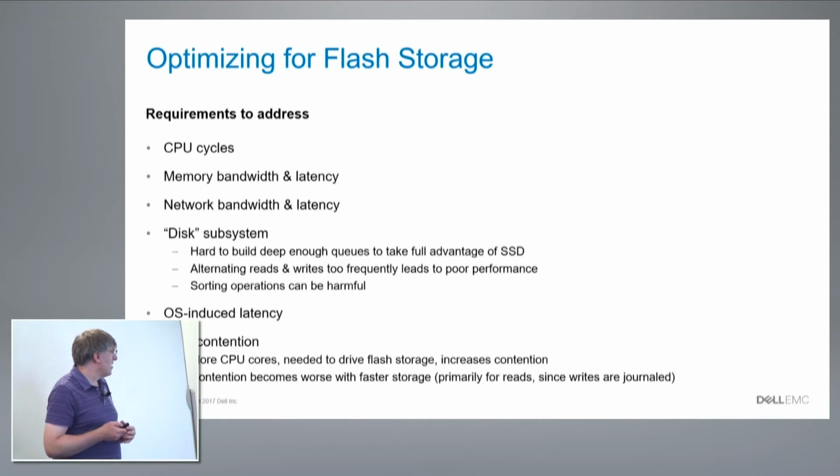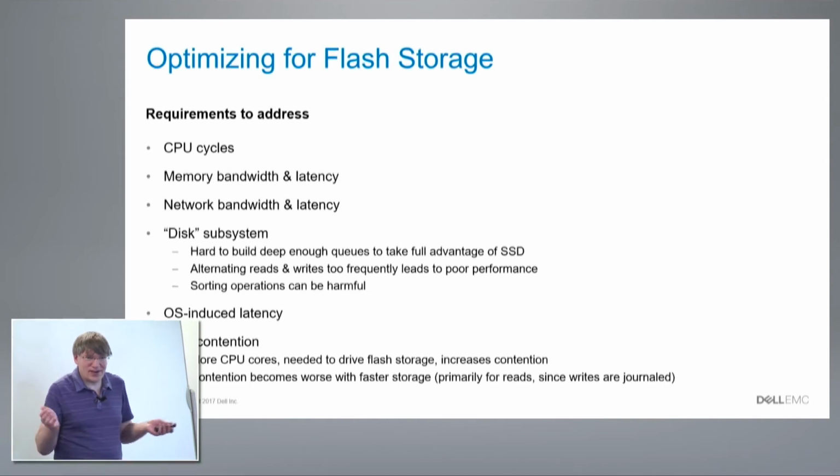And then lock contention became more of an issue for us because to drive SSDs at full rate, we needed faster CPUs with more cores, and all of a sudden locks that were not heavily contended at 16 threads accessing them became a bottleneck when we had 32 threads all trying to get at them at once. And here I'm talking primarily about the locks on a single node. The contention between nodes for a distributed lock manager, to be honest, didn't really change much.